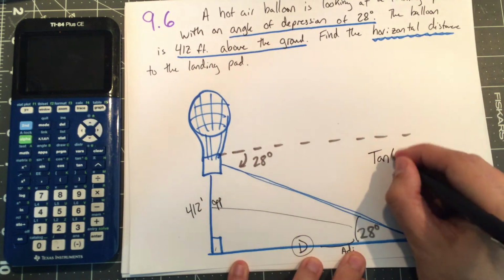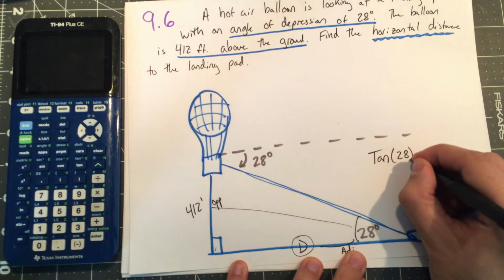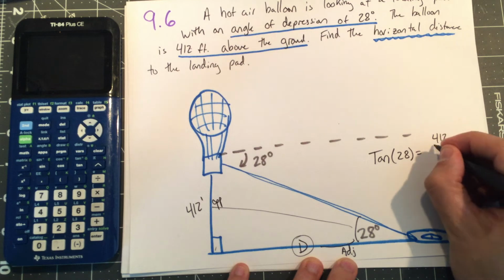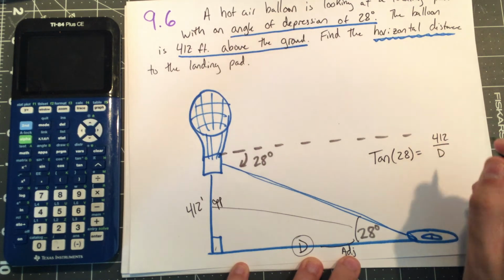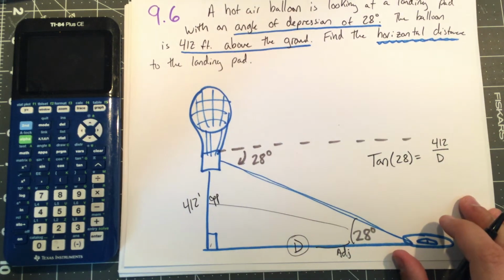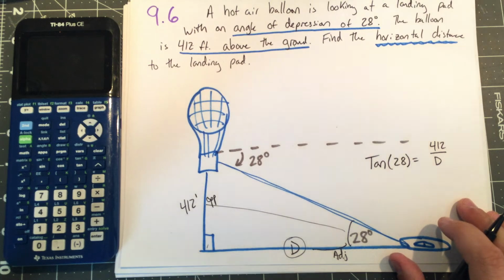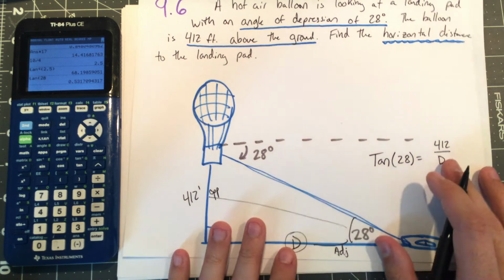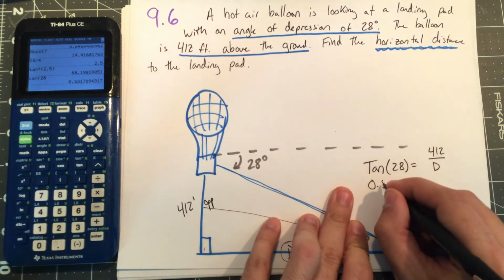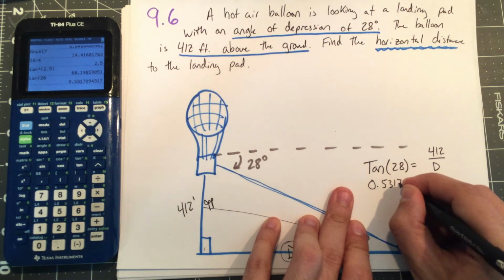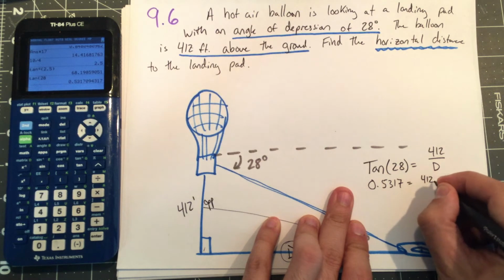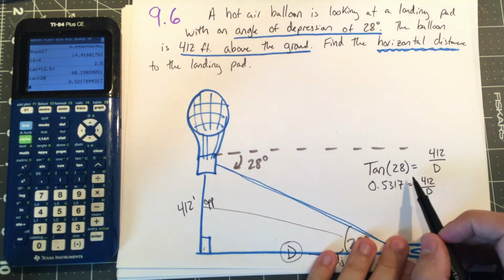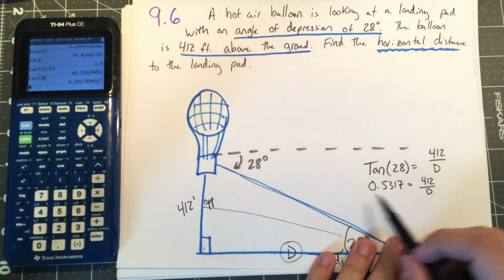So if I wanted to set this one up, it is the tangent of 28 equals opposite 412 over d, we'll call it, for distance. Okay? Tangent of 28 is 0.5317, equals 412 over d. And then I can multiply both sides by d and then divide by this.